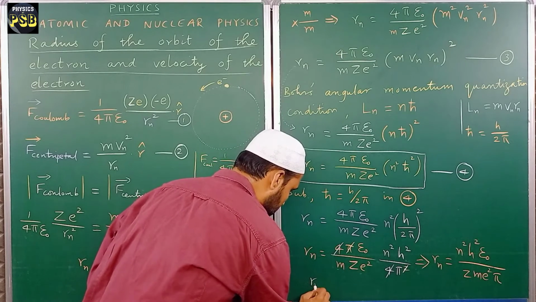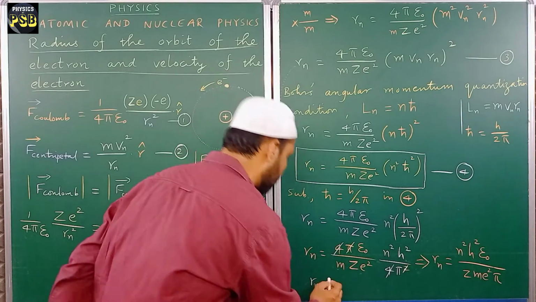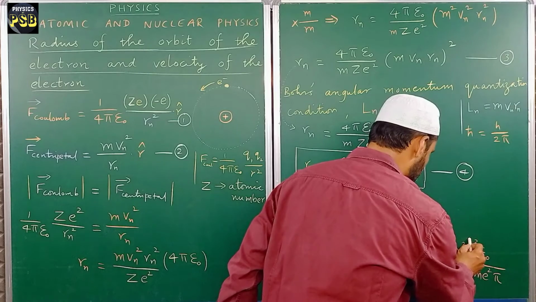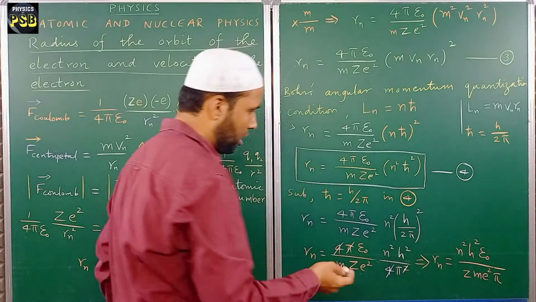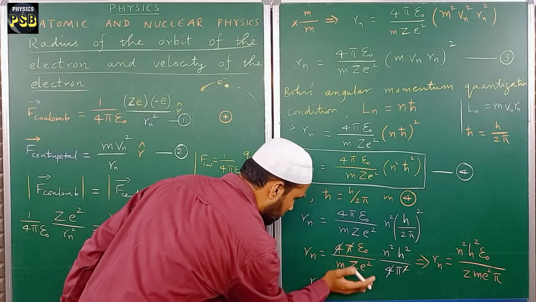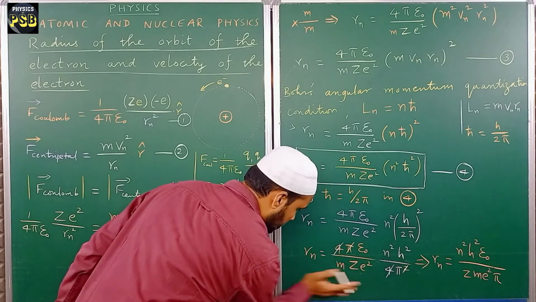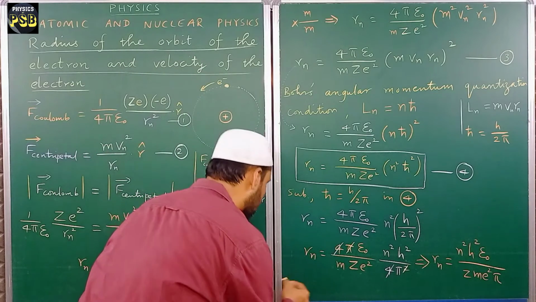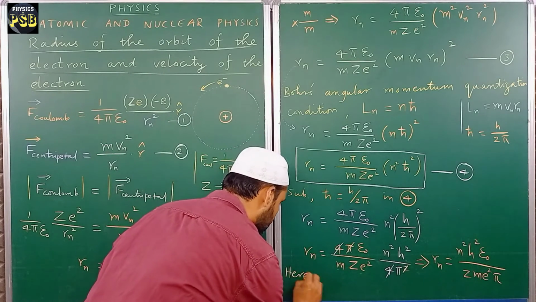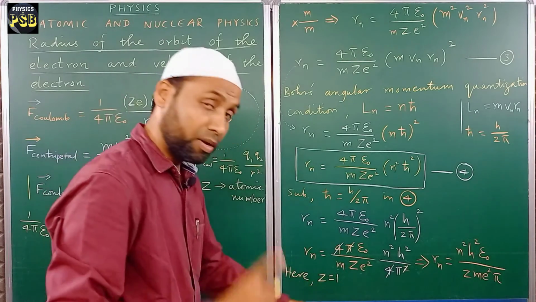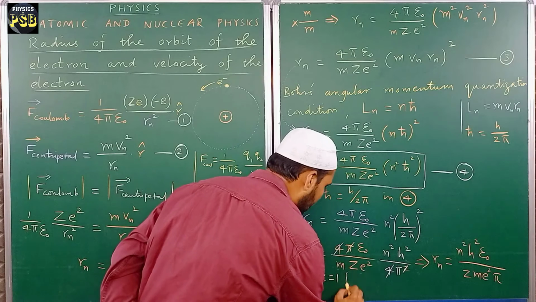Rn is equal to, here I write. Before doing so, one thing I can write here: Z equals 1. Atomic number is 1 for hydrogen atom.